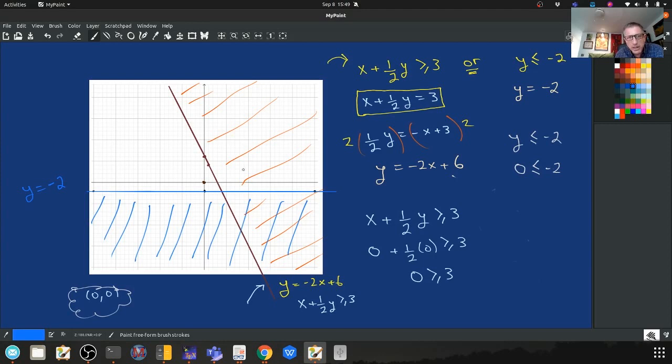So the union of all of this area is everything that has a orangish line or a bluish line or both. So if you were doing this in my math lab, you would fill in here, this area, and this area.